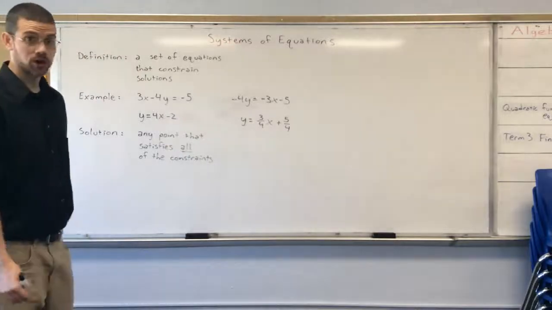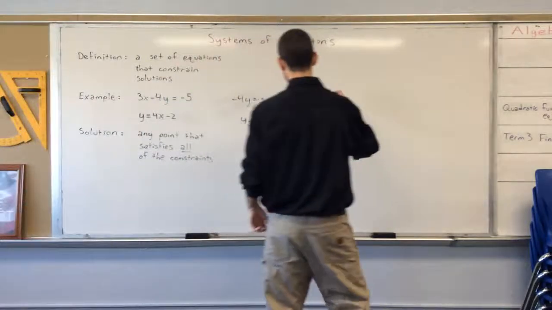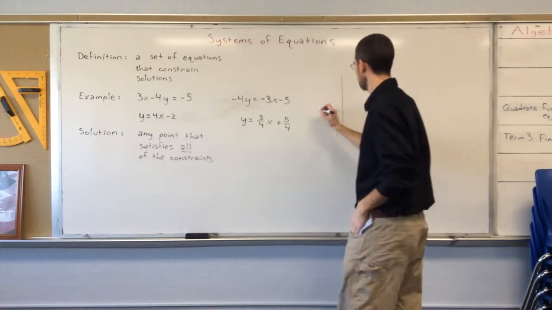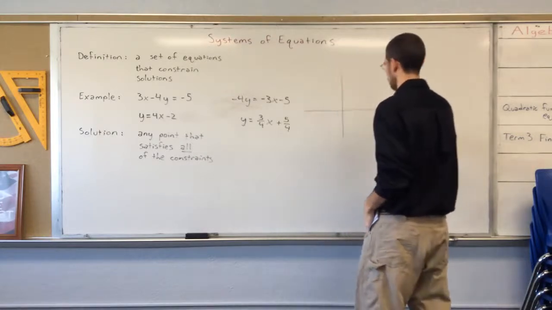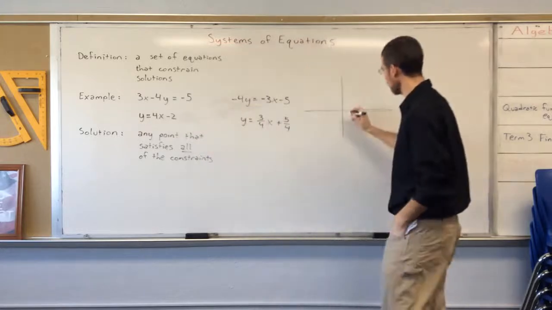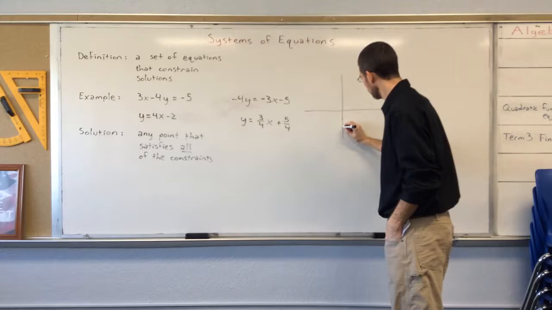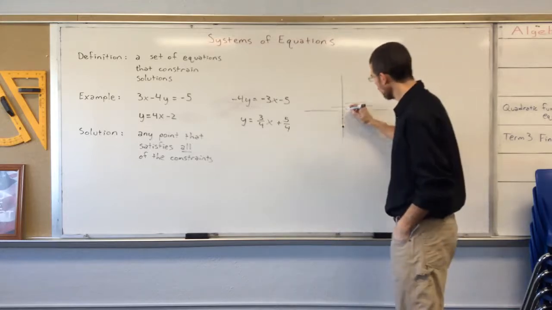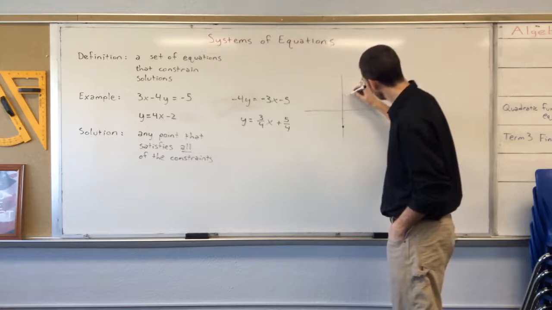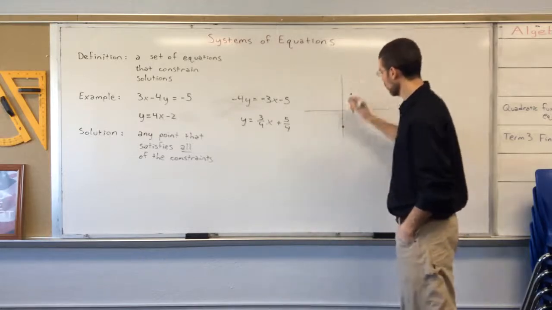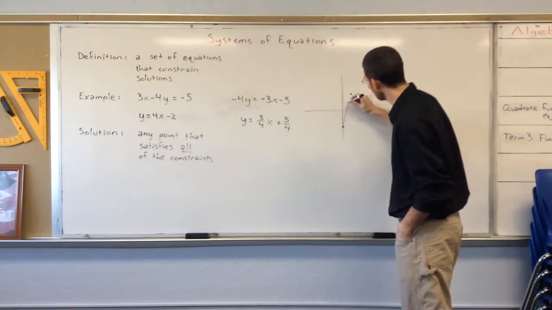So, if we want to graph those, it would look like this. We'll graph this one first. We've got a point at 0, -2, and we go up 4/1, that's our slope, so we can make this line like so.